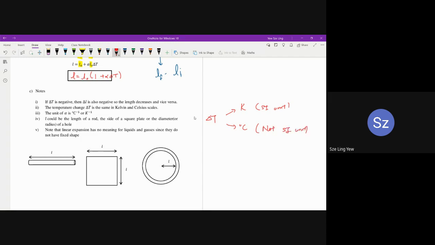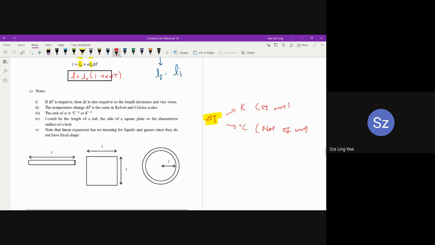But if you're looking at temperature change, delta T, then delta T in K and delta T in degree C are the same. All right, so this is chapter 12. In chapter 12, it doesn't matter whether you use degree C or Kelvin.